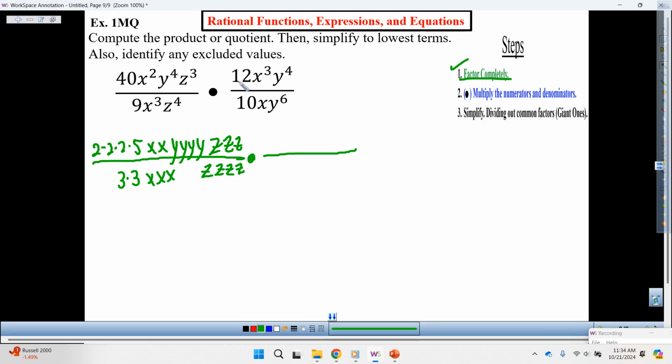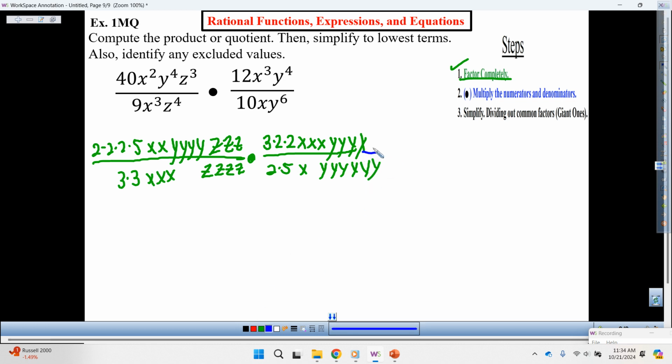You wrote it as how? Very good, 3 times 2 times 2. That is correct. And the 10? 2 times 5, x, 1, 2, 3, 4, 5, 6.